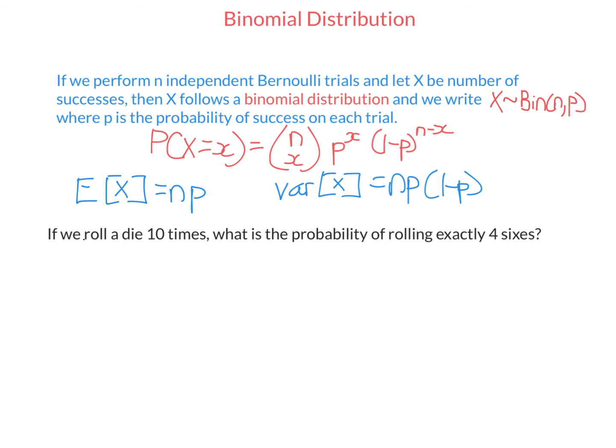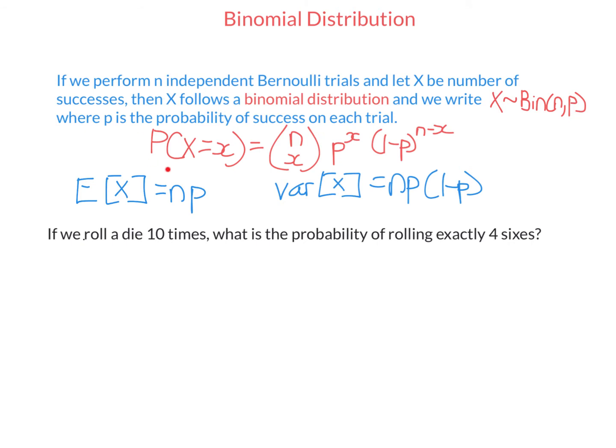So if X follows a binomial distribution, we write it like this. n is just the number of trials, and p is the probability of success on each trial. It's important here, the probability of success needs to be the same from trial to trial. That's why we said they have to be independent.